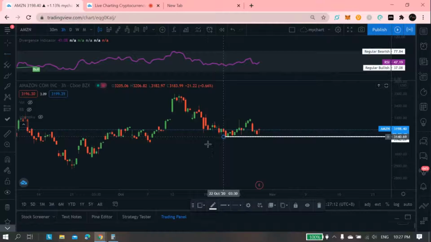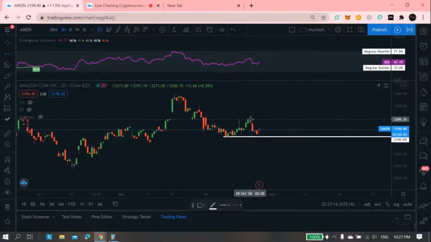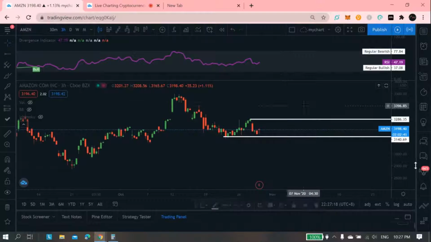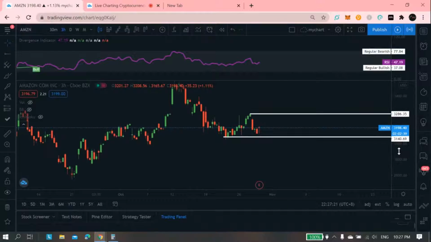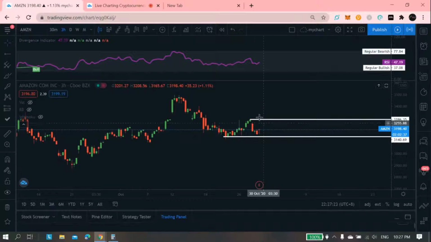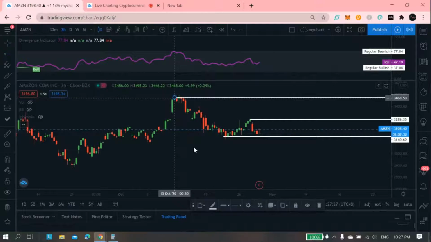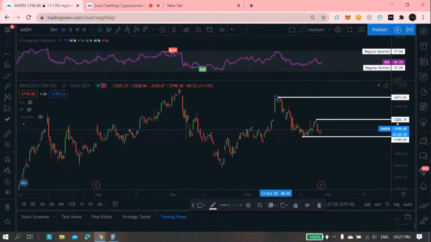This is the support area on the 3-hour time frame, and this is the possible resistance, the 3,286. If it breaks this area, it could possibly retest this one, the 3,473 area.